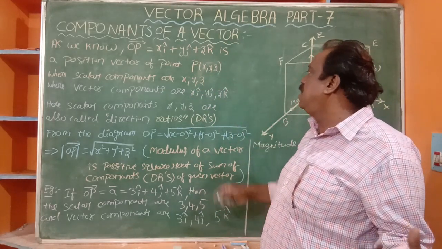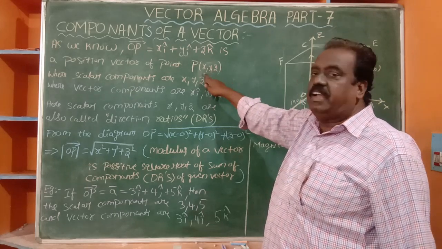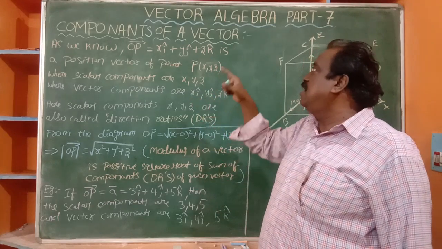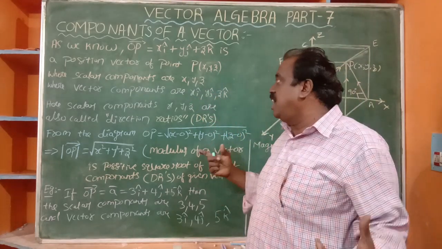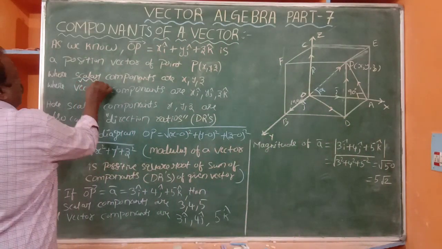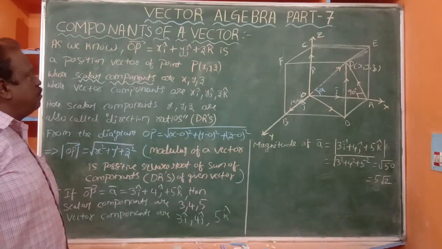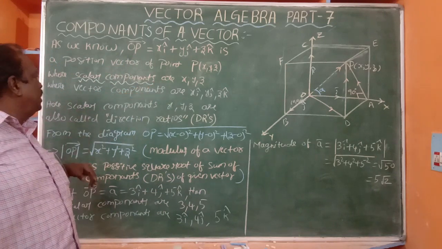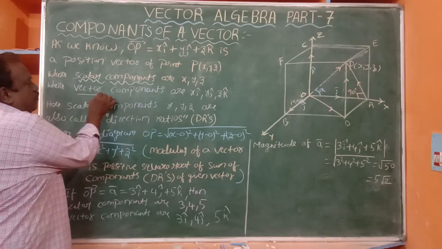Where P is a point in 3-dimensional space with x coordinate, y coordinate, z coordinate, these components x, y, z are the scalar components. Here is the important thing: the scalar components of the vector are x, y, z, and the vector components are different.